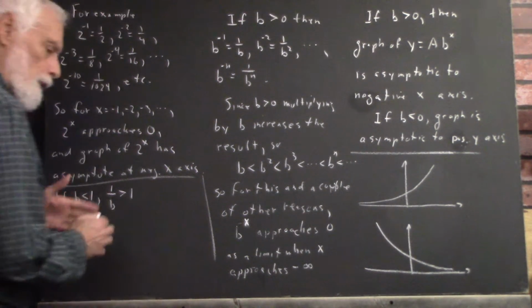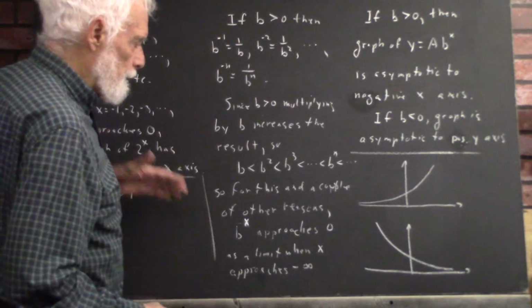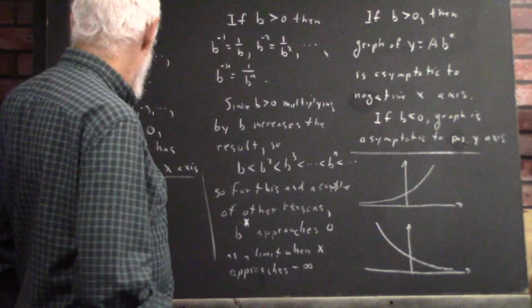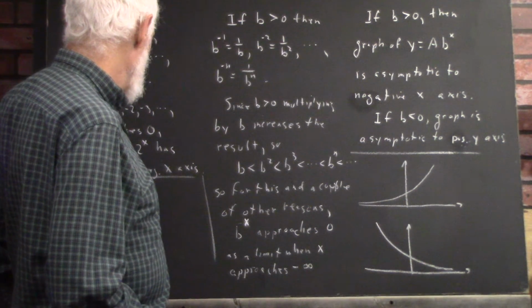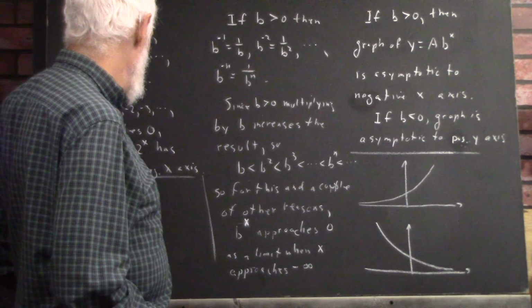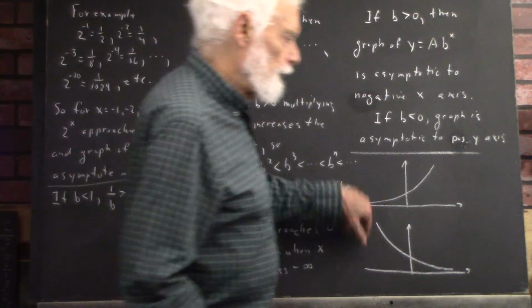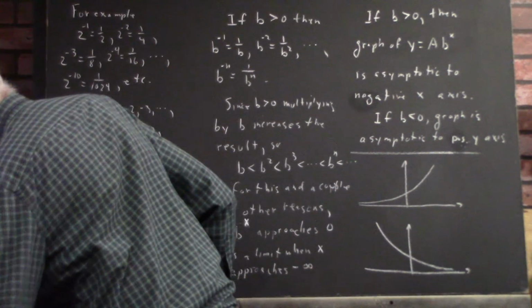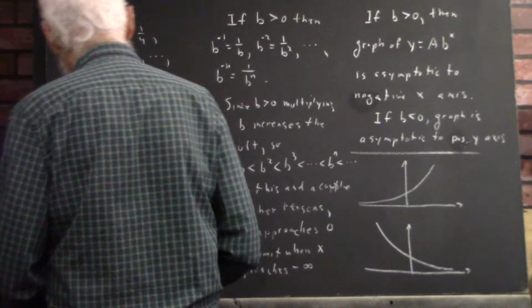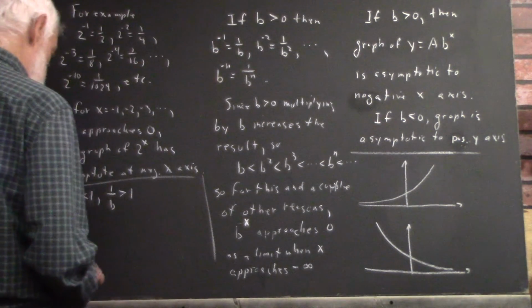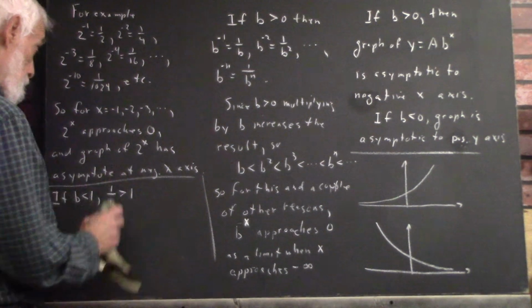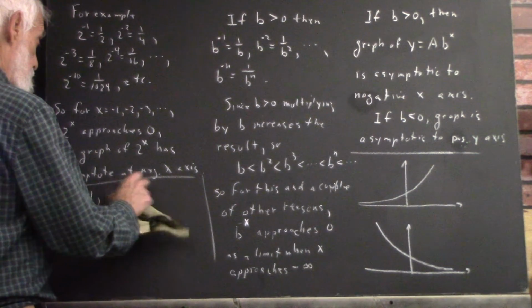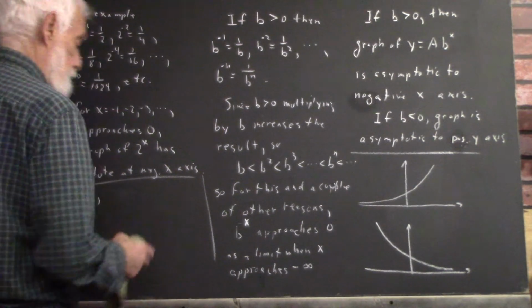I'm talking about 1 over b because I want to establish what happens for negative b, but I don't really need to do that, so I'm going to just say what I really need to say because I don't have much room to say it here. Okay.